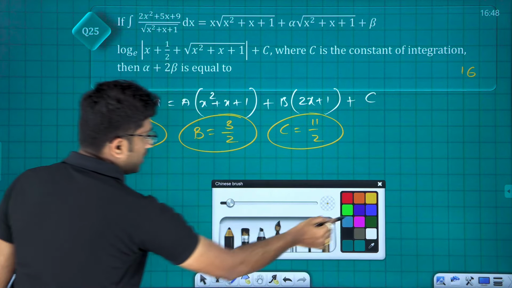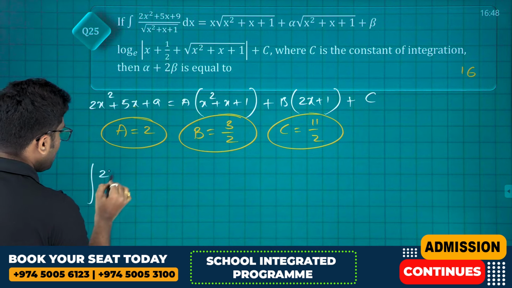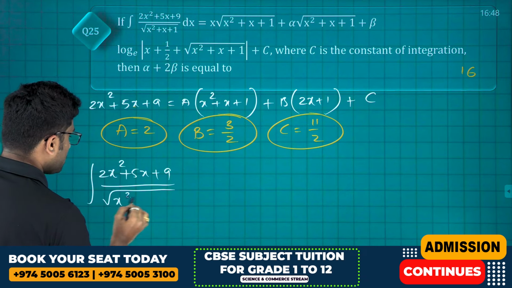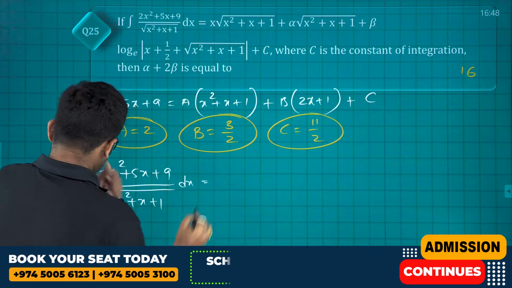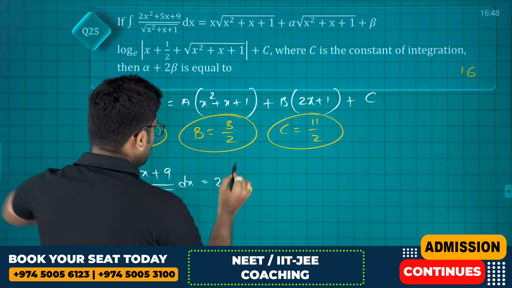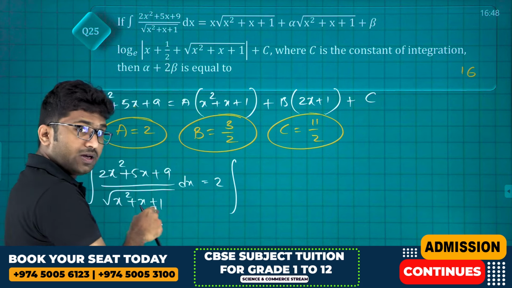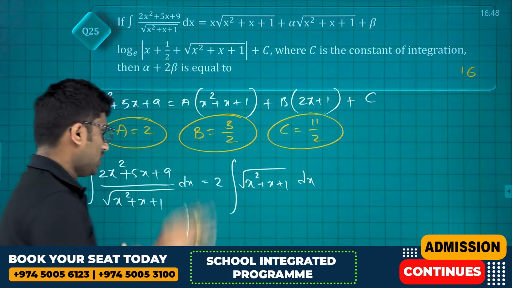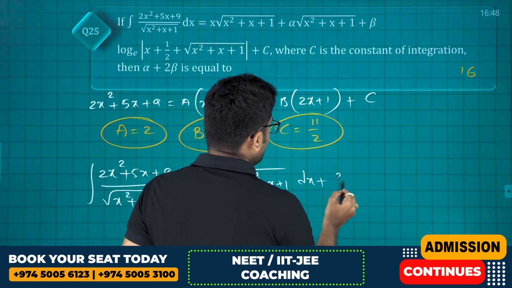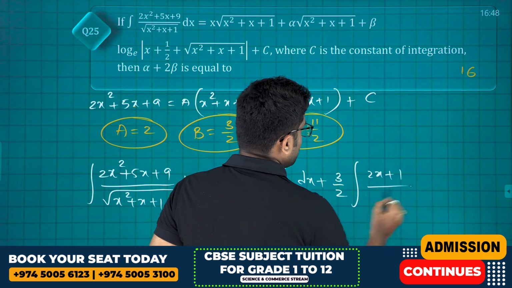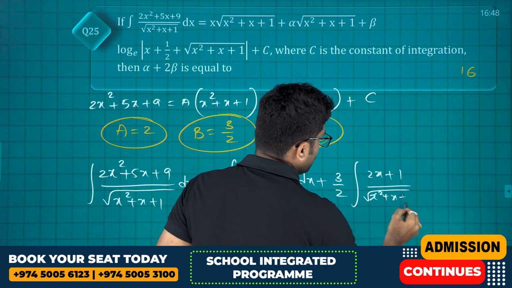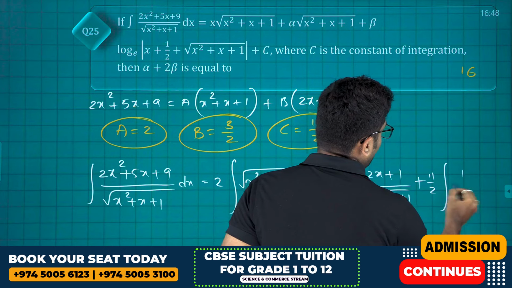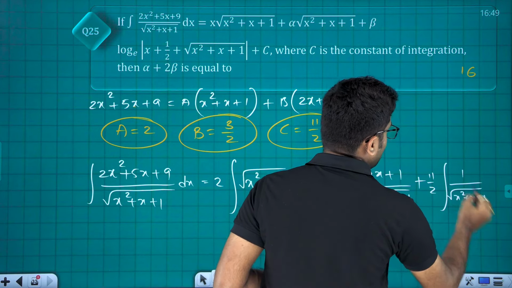So hence the integral of 2x square plus 5x plus 9 whole divided by root over x square plus x plus 1 whole dx is equal to a times, what is a? 2 times x square plus x plus 1 divided by root over x square plus x plus 1, which is nothing but root over x square plus x plus 1 whole dx, plus b is 3 by 2 times 2x plus 1 by root over x square plus x plus 1, plus c is 11 by 2 times 1 by root over x square plus x plus 1 dx.